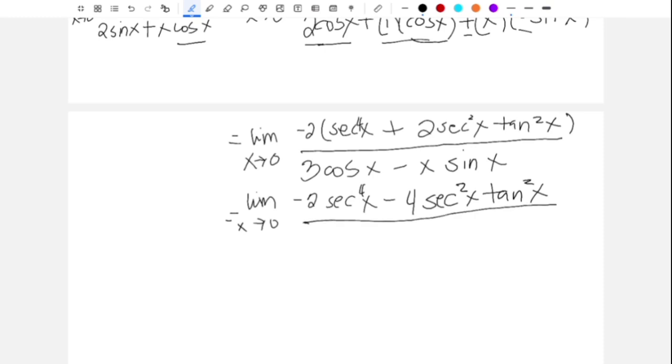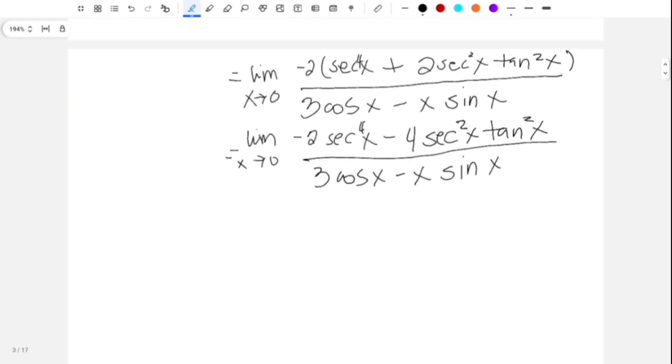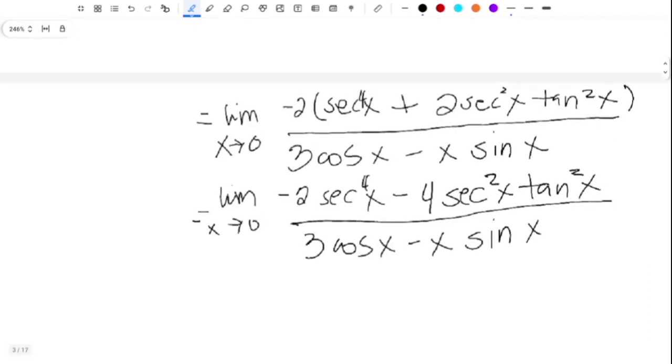That is our simplified answer for our numerator.